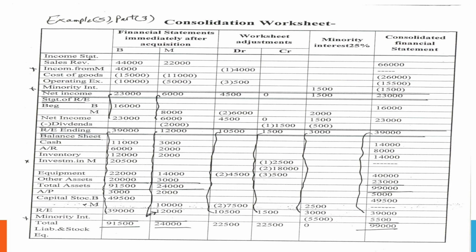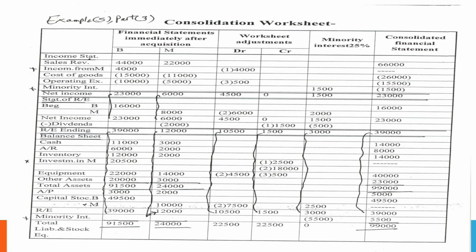Okay. Now, let's go to the last column, the worksheet. It shows you only company B. Company B, beginning 16,000 and ending, that's 23, the net income. These two numbers are the same, 39, 39.